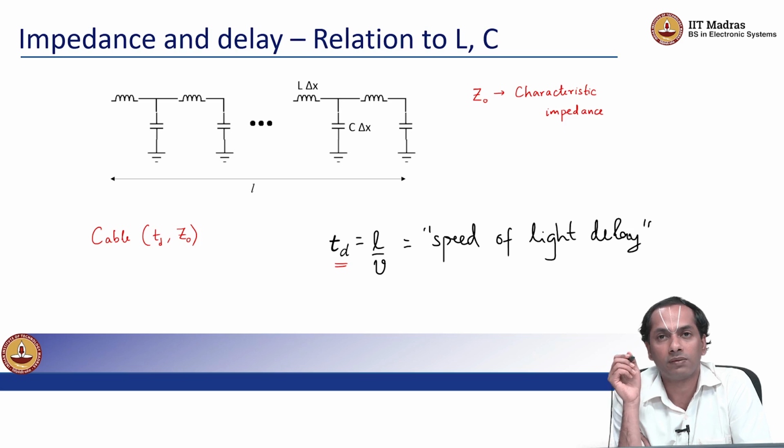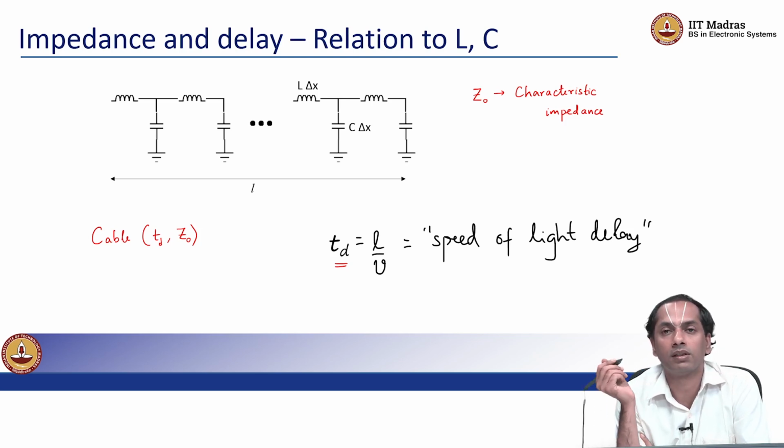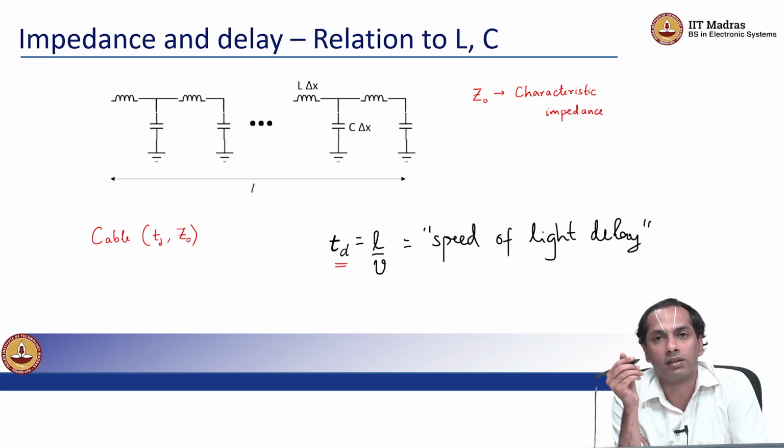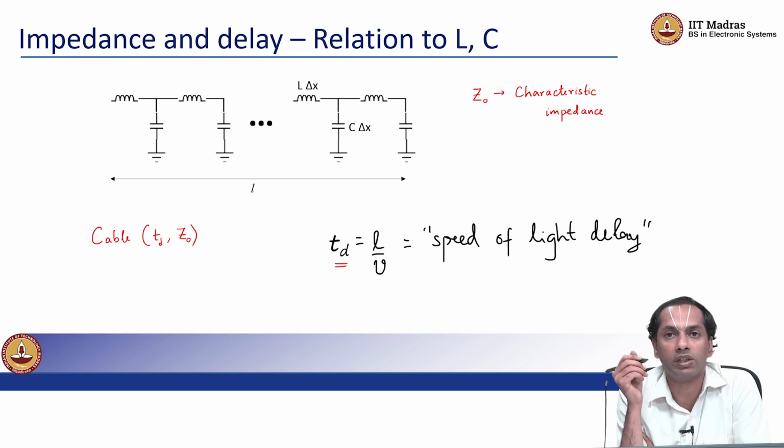So I have not used the small c, which is used for speed of light, because sometimes we can use dielectrics in these transmission lines, cables. Remember that speed of light is essentially 1 over square root of mu 0 epsilon 0, which is the permeability and permittivity of free space, right.